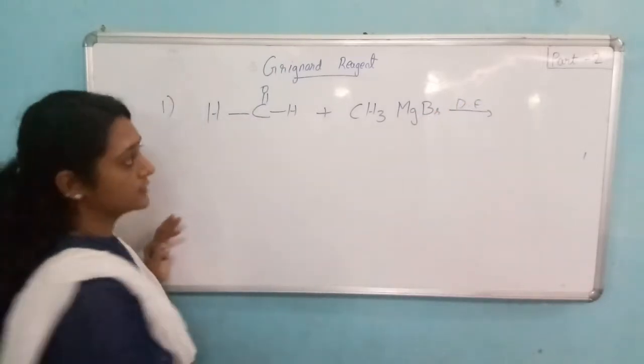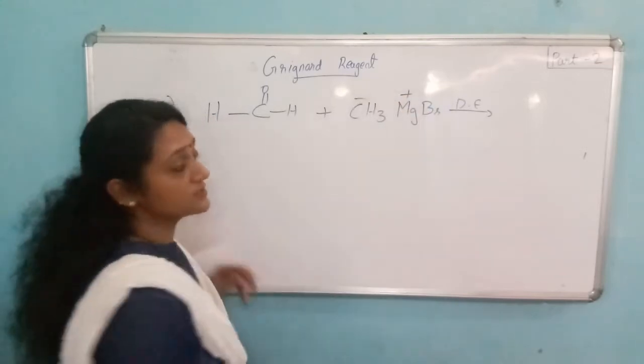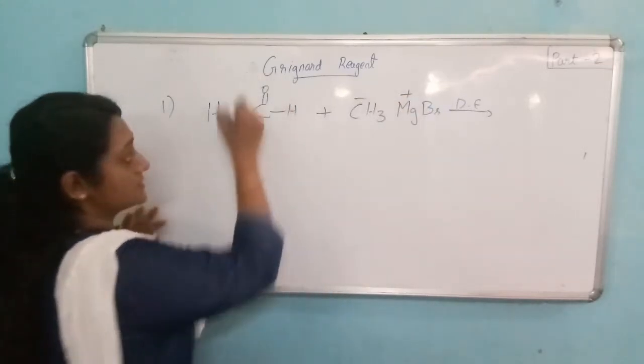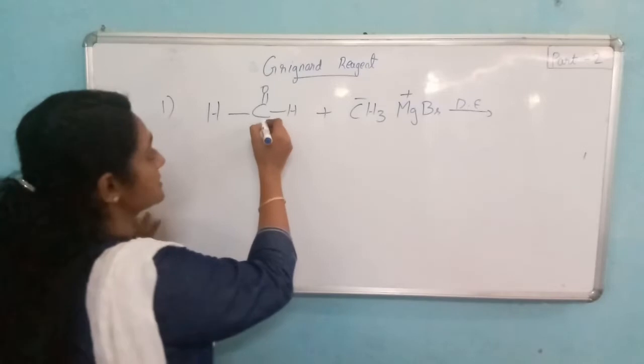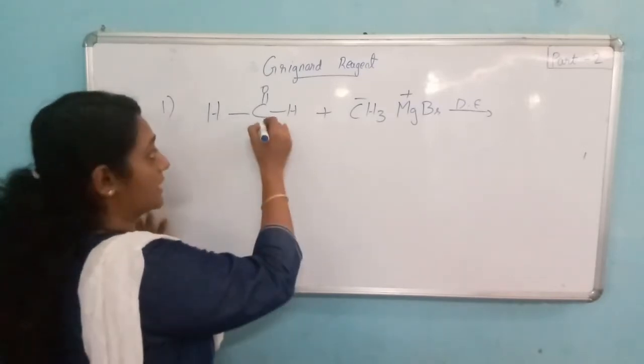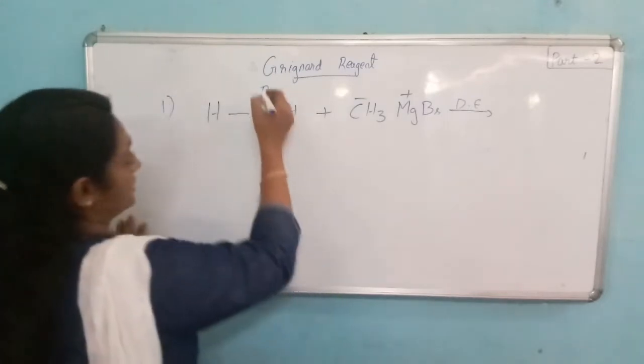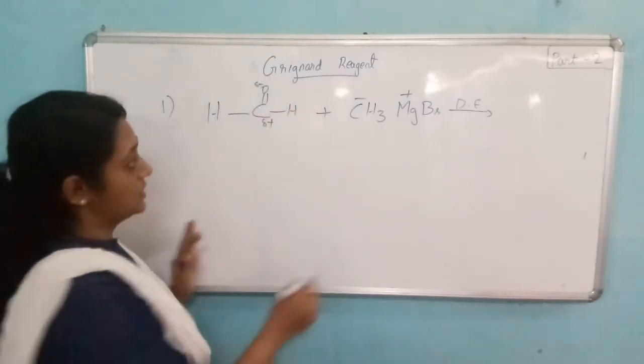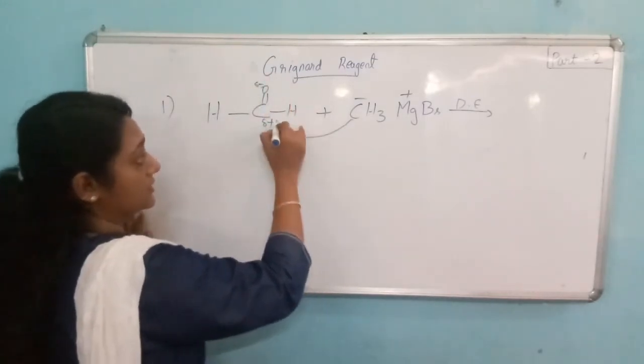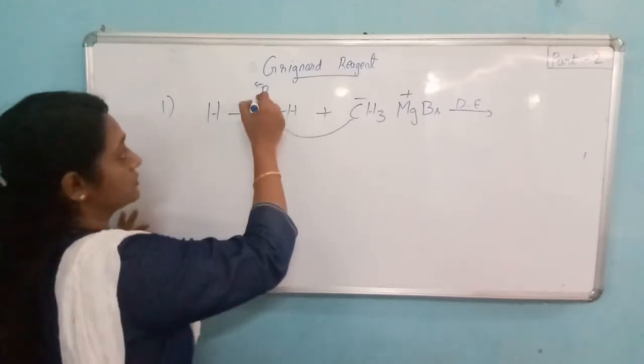What will be the product? Mg has a positive sign, CH3 has a negative charge, and this is the active group. Carbon is less electronegative than oxygen, therefore it has a partial positive charge, and oxygen has a partial negative charge. The nucleophile comes and attacks the carbonyl carbon, and the bond shifts to oxygen.